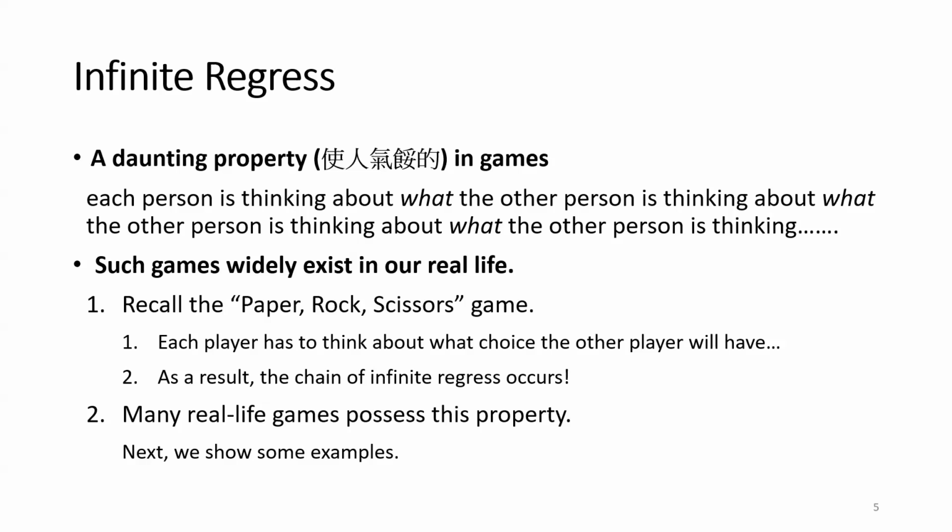Then the first player should think, what is the choice of the other player? If I were the other player, what would be the choice? The other player will have the same thought. Again, the infinite regress occurs. How to break this chain?